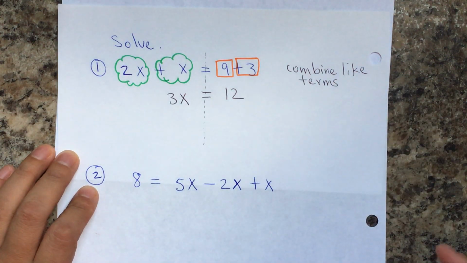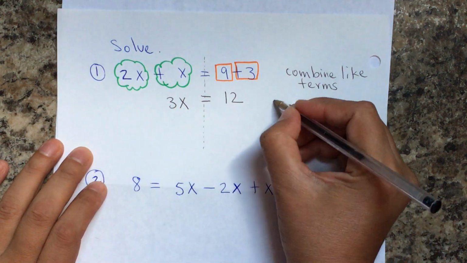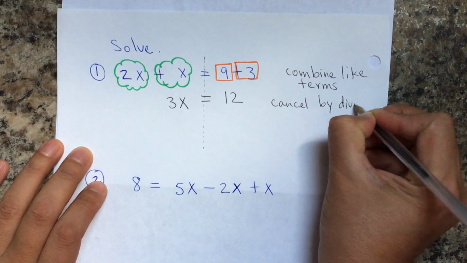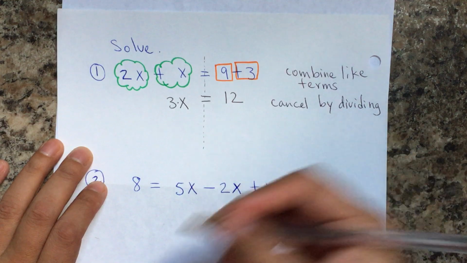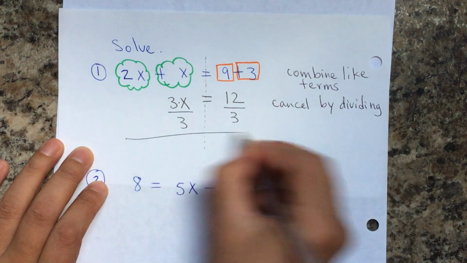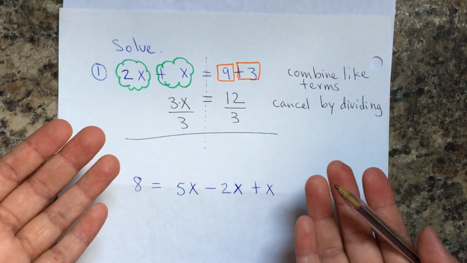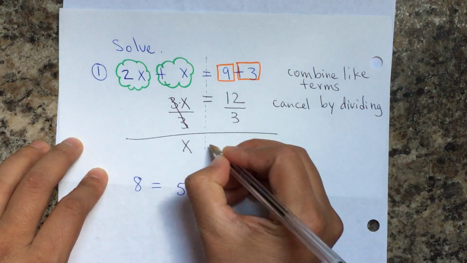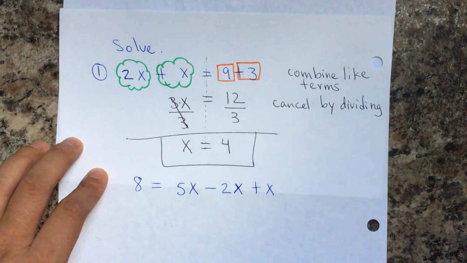The next step is to cancel by dividing, because this is multiplication, and the opposite of multiplication is to divide. Remember that if you do one side, we have to do the other to maintain the balance. Okay, so 3x divided by 3 is x, and 12 divided by 3 is 4. So that's it.